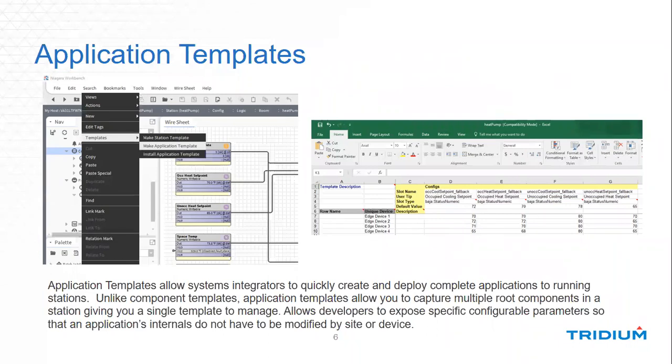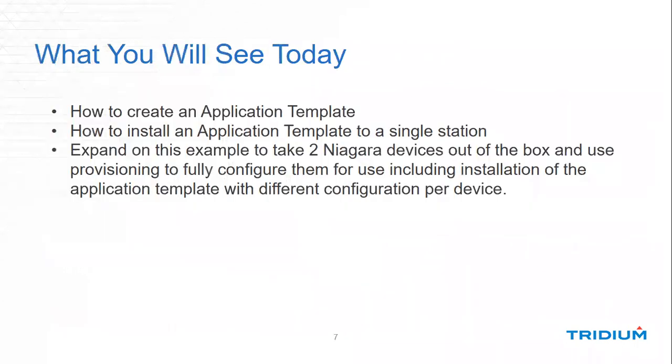So what I'm going to start with next is a demonstration on how you would use these application templates, both from just installing into a single Edge 10 or a single Niagara device to where you can install it into multiple devices. I kind of covered this already, got a little ahead of myself, but what we're going to see today in this demonstration is how we're going to create an application template, and how we're going to install that to a single station.